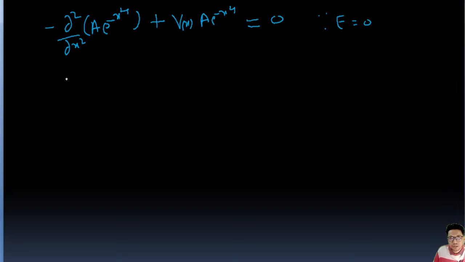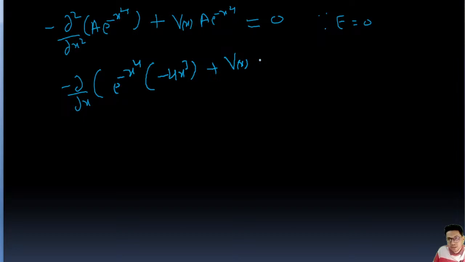So we'll differentiate it. So it is going to be del upon del x. We'll differentiate first. A is there, so a will go in right hand side. So this is going to be 0, so no need to write a. So it is going to be e to the power minus x to the power 4 into minus 4x cube. We have differentiated it once, okay, and this is Vx e to the power minus x to the power 4 equal to 0, right?